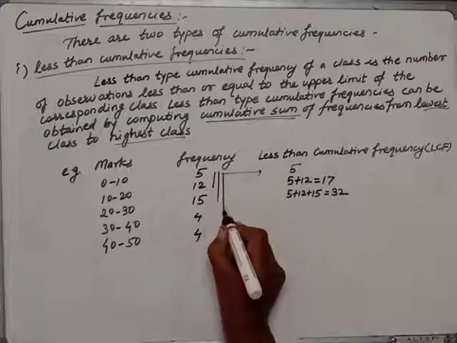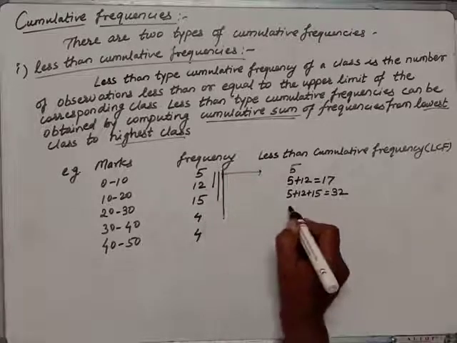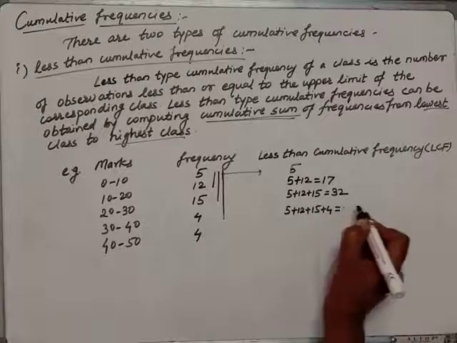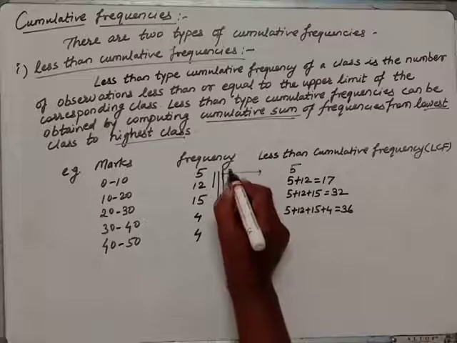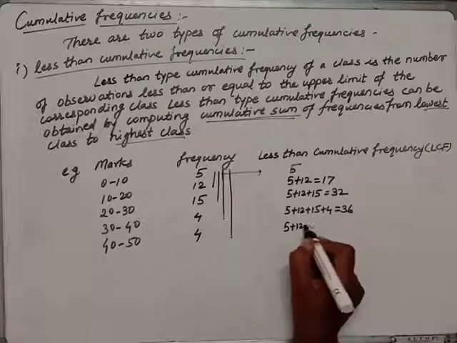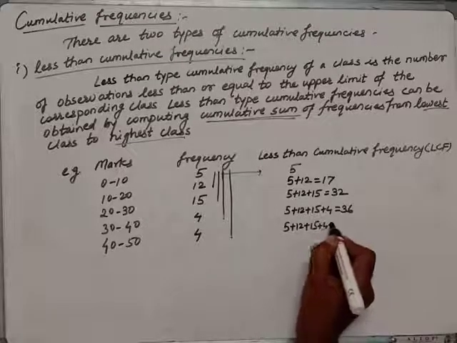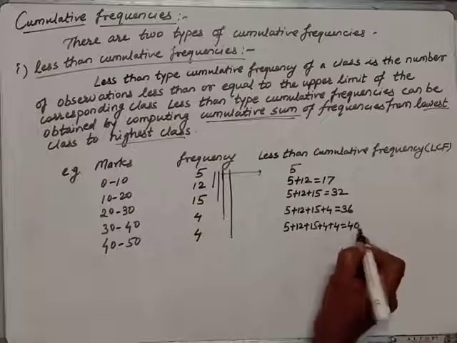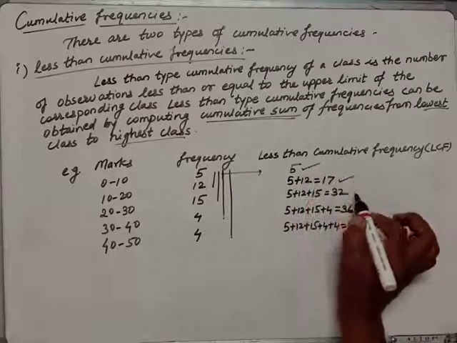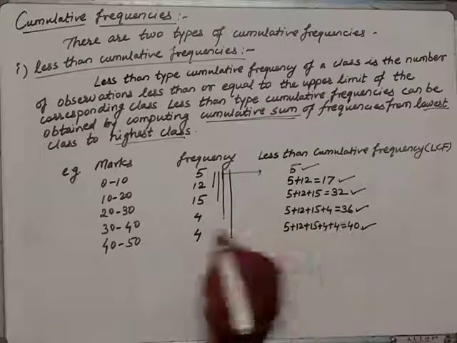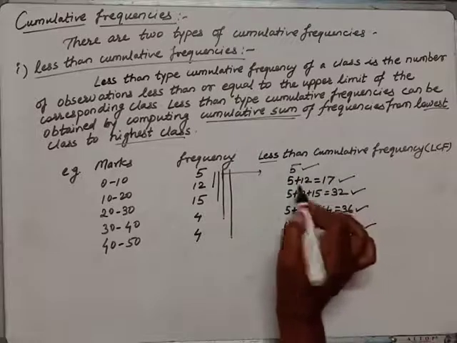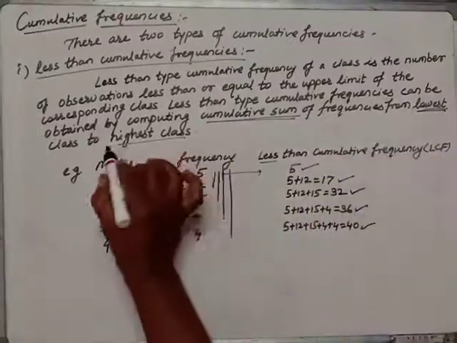Then for the next class it is the sum of these 4, 5 plus 12 plus 15 plus 4, so it is 36. And for the last one it is the sum of all, 5 plus 12 plus 15 plus 4 plus 4, so it is 40. So these are the cumulative frequencies: 5, 17, 32, 36 and 40 of these classes. Less than cumulative frequencies are these.